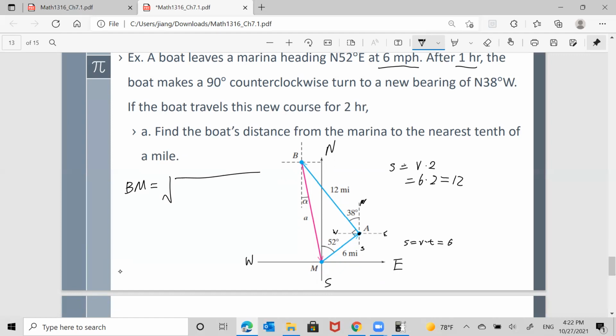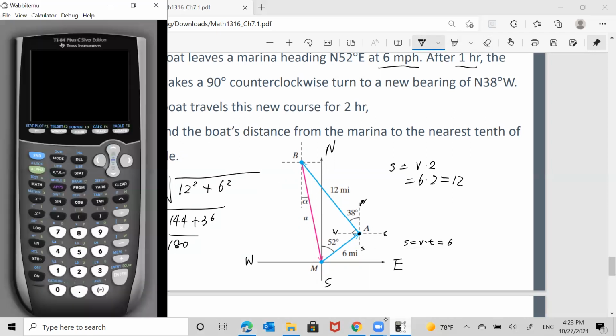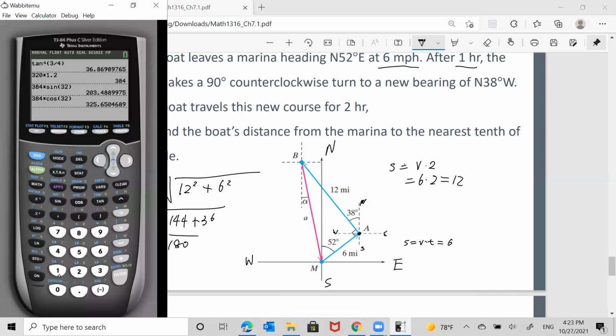And it equals 12 squared plus 6 squared. That's 144 plus 36 equals 180. Just 180, no degrees, because this is a mile. The unit is mile.